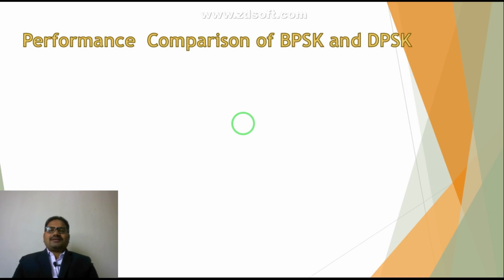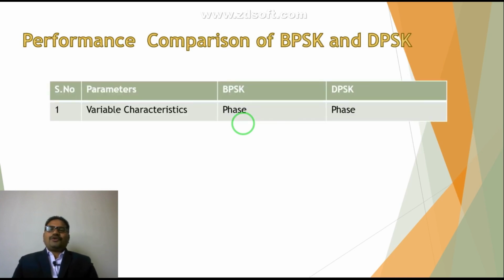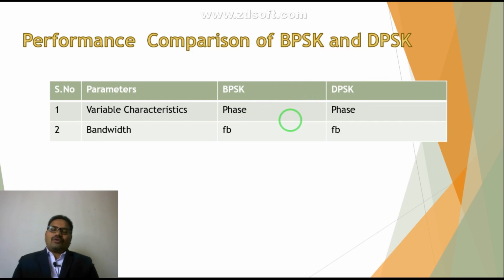Now last, we are going to compare the performance of DPSK with BPSK. So you can see the variable characteristics. The variable characteristic in BPSK and DPSK is the same, that is phase. Second, the bandwidth is also the same, that is fb.